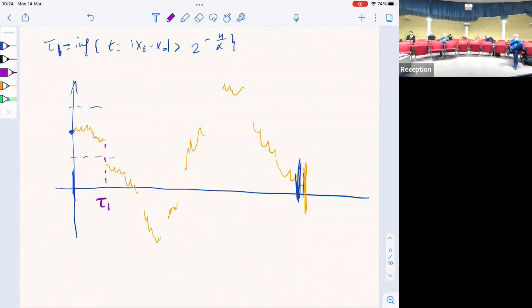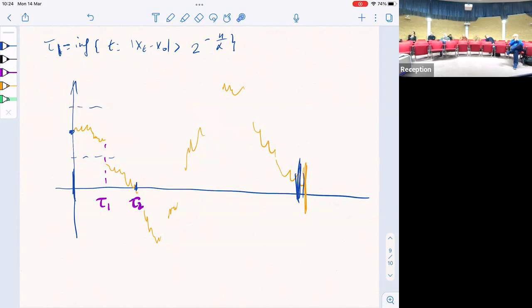And after we jump, we're going to define this again. We start from here. This is where the process is at the stopping time, tau 1. So I'm going to introduce another window, and the first time it exits, I'm going to call it tau 2. By doing this recursively, we define a sequence of stopping times.